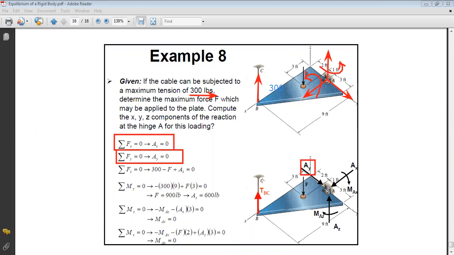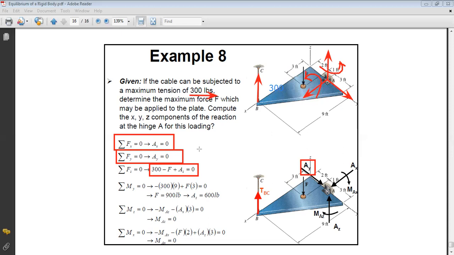Now, your third equation is sum of forces along Z. Along Z, you have 3 forces: plus AZ minus F plus TBC. Because you know the value of TBC, you directly replace it, since it is equal to 300. So along Z, the equation is 300 minus F plus AZ equals 0.